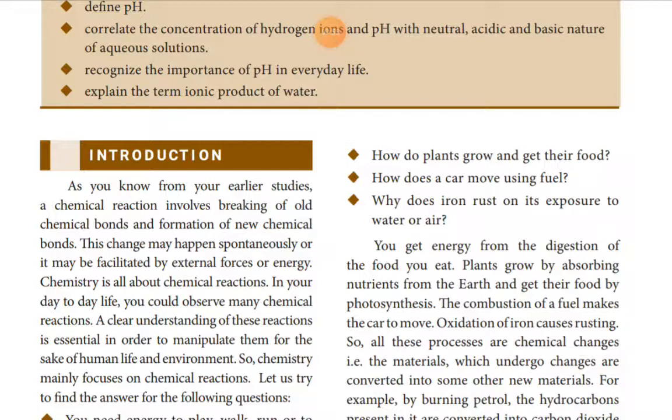This reaction takes place in chlorophyll, and this is called photosynthesis. Already you have learned this in previous classes. Photosynthesis is the preparation of plant food by synthesizing carbon dioxide and water in the presence of sunlight.